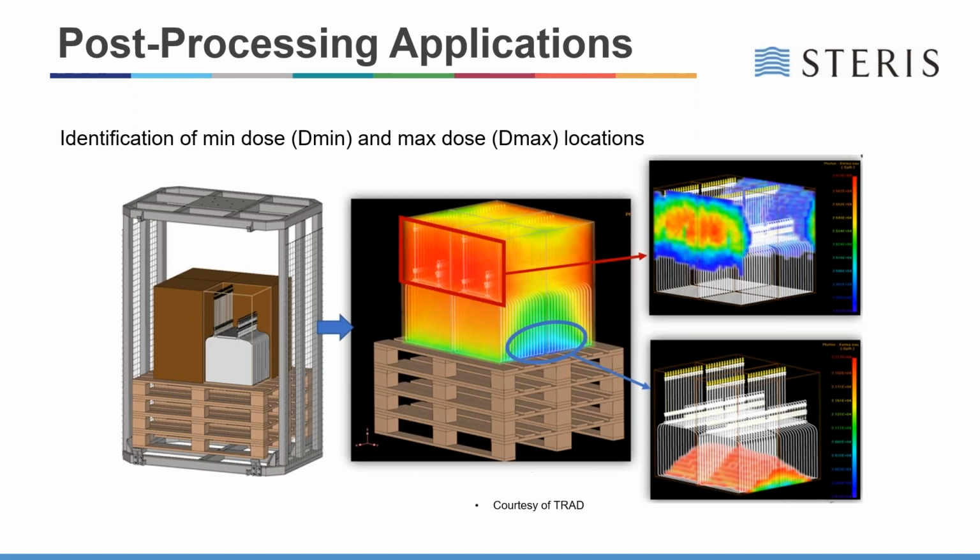From the example on the left, we've performed the simulation and highlighted with red square and blue circle where those max locations are. And we can quickly identify this from the results, and we can also go through and fine tune where the dosimeter placements would need to be to capture these locations.